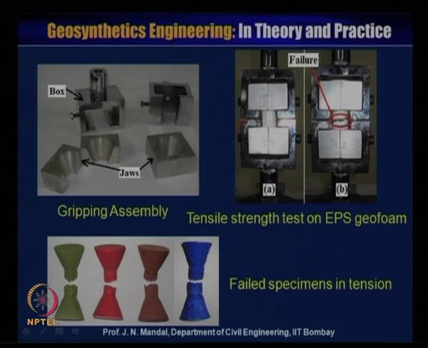You can see the typical failure almost at the middle of this portion. So the failure pattern is here. This is the tensile specimen before the test and after the test. For all densities we have performed, and this is the failed specimen in tension. You can see a very typical failure.